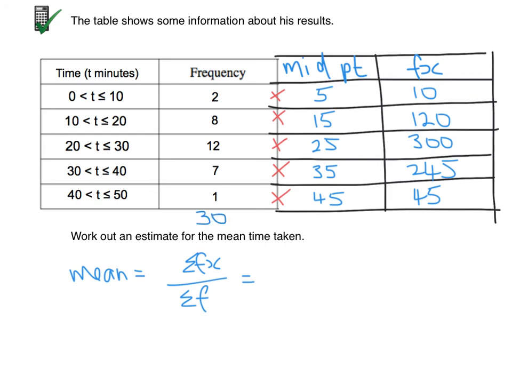The fx column is 10 plus 120 plus 300 plus 245 plus 45, which is 720. So my mean is going to be 720 divided by 30, which gives me a nice clean answer of 24.